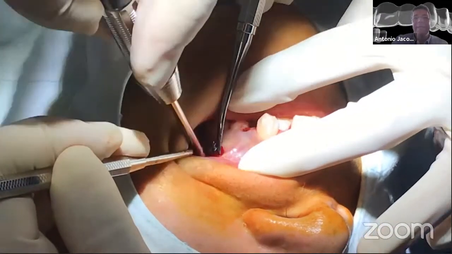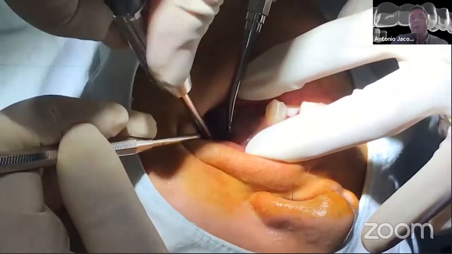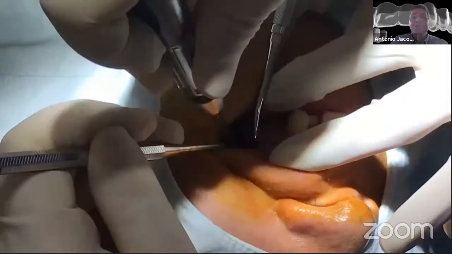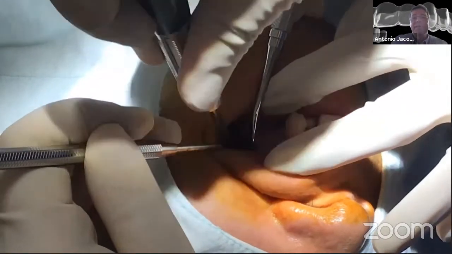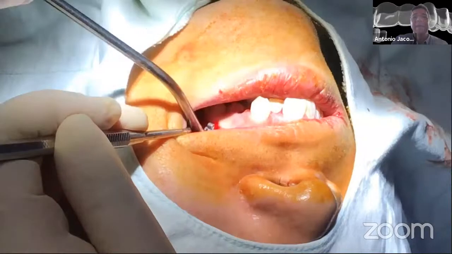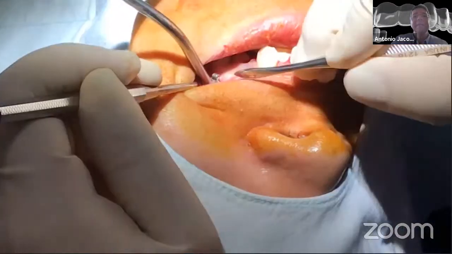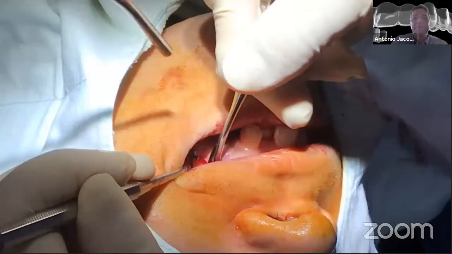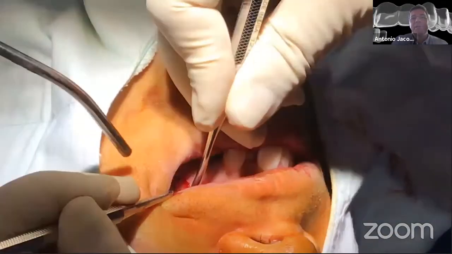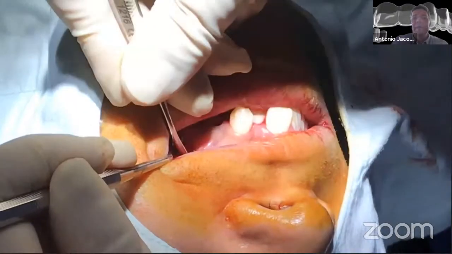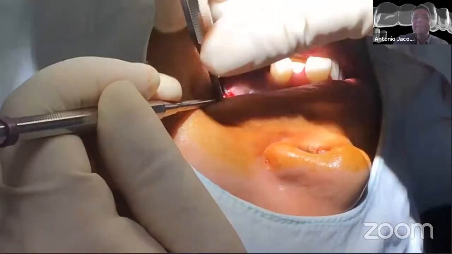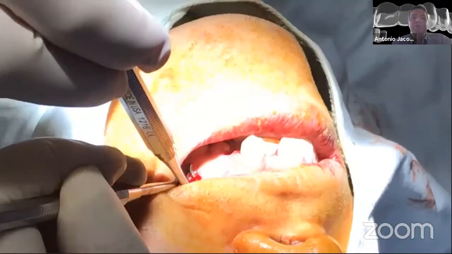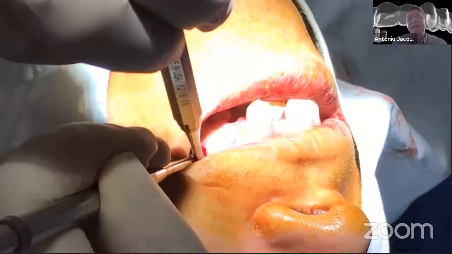They are very easy to manage, and it's a very rapid procedure. You can see this is the first screw that was placed, and then you position the mini plate in the right position, and then it's just putting the other 2 screws and fixing. This mini plate was fixed with 3 screws, so it's very stable.